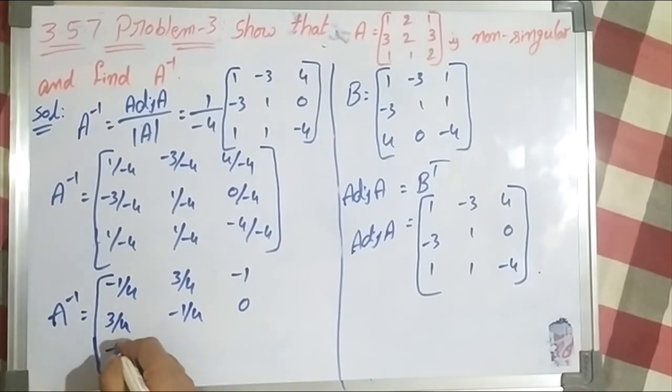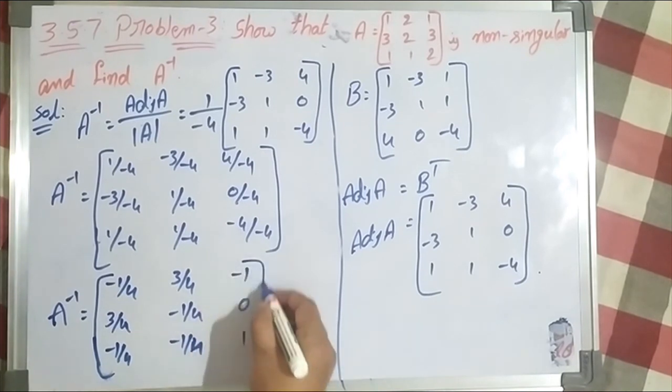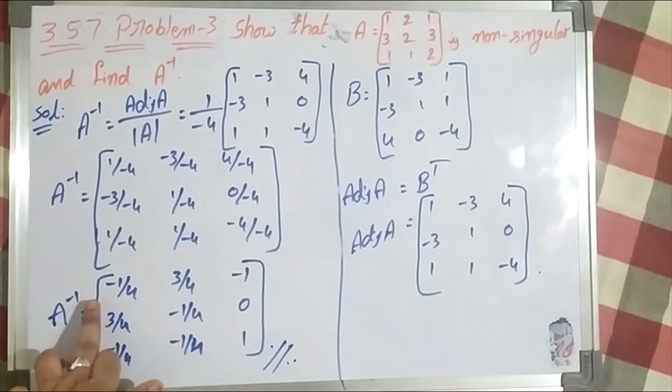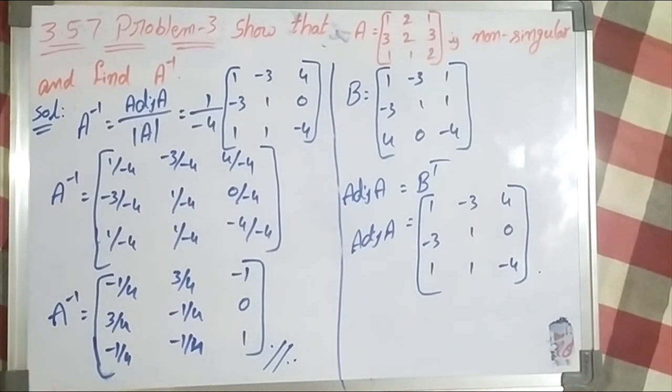Then minus 1 by 4, again minus 1 by 4. Here minus minus get cancelled and also 4 gets cancelled. The value is 1. This is the inverse matrix. A inverse equal to minus 1 by 4, 3 by 4, minus 1, 3 by 4, minus 1 by 4, 0, minus 1 by 4, minus 1 by 4, 1. This is the inverse of the matrix.